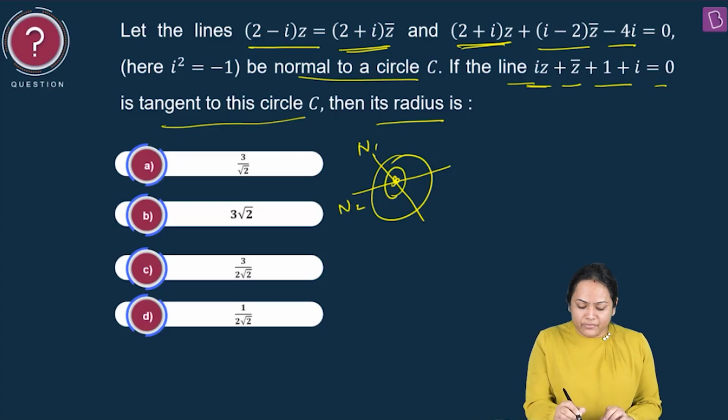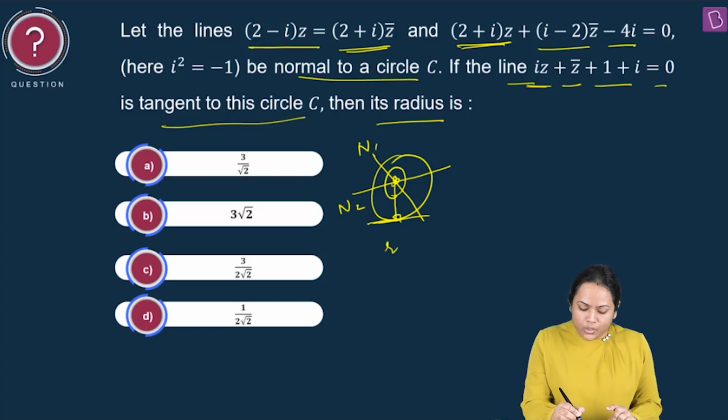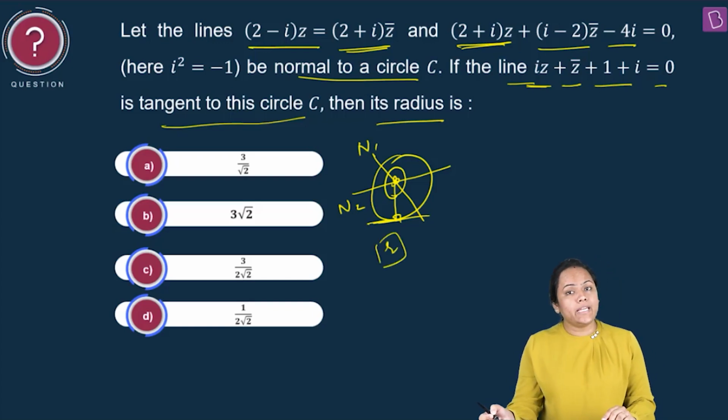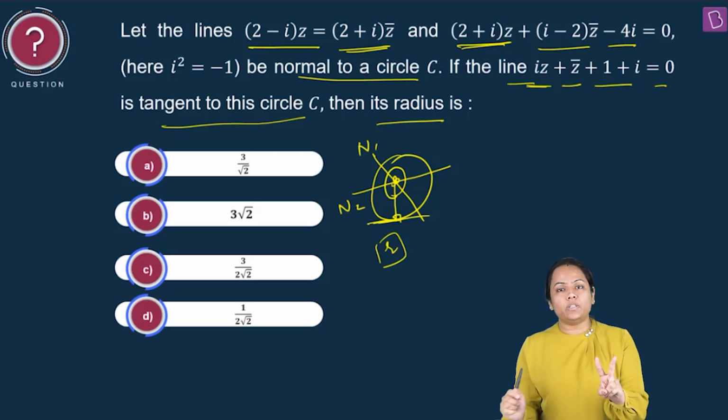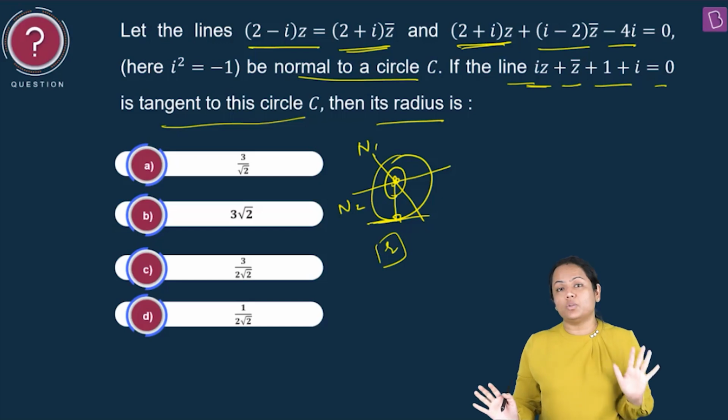And if I have the center, I have the tangent, I can definitely write perpendicular distance from center to the tangent, which is going to be equal to the radius, right? So I have to definitely find two things here. First, the center by solving the normals, and then the perpendicular distance from center to the tangent, which is going to be the answer for the question.